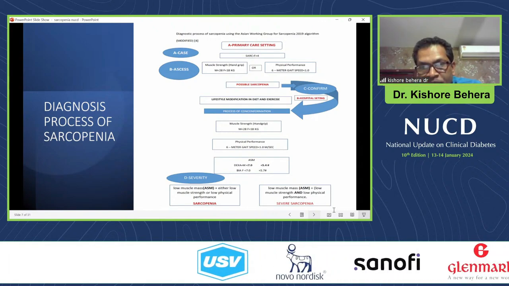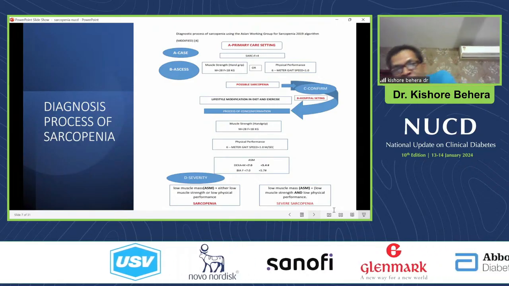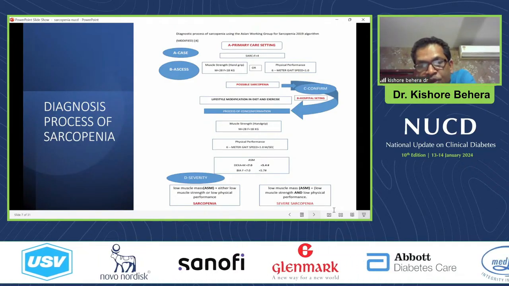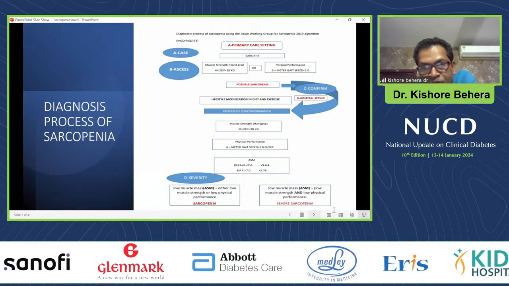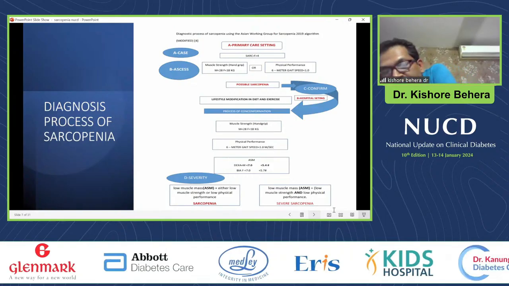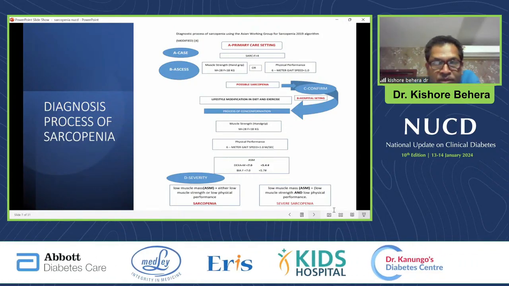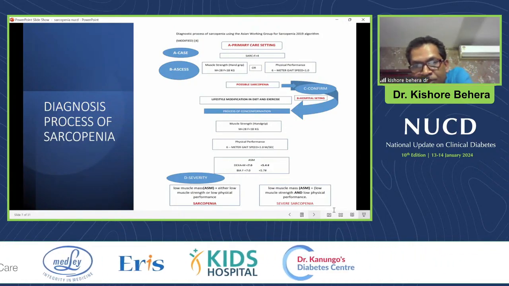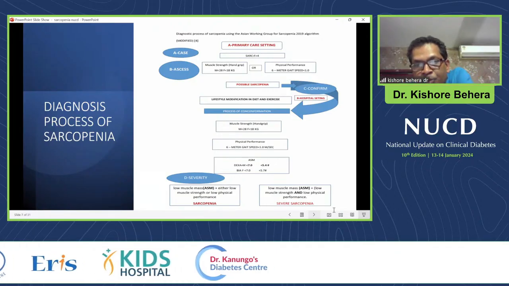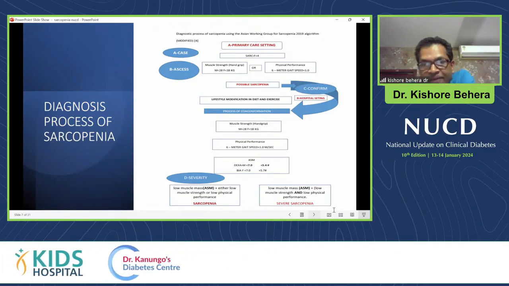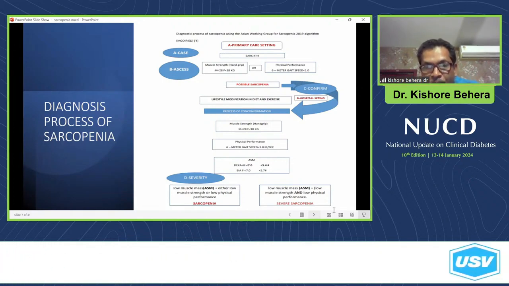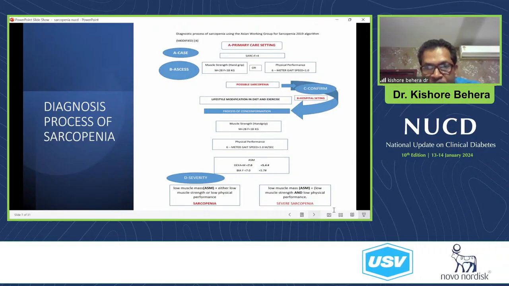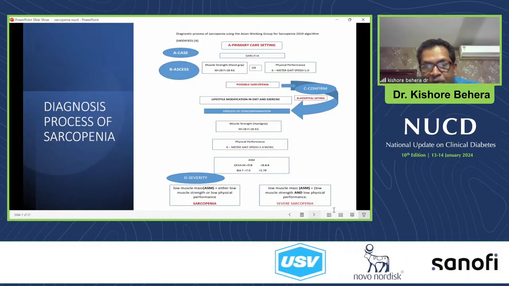Then at the hospital, for the process of confirmation, we have to assess muscle strength and physical performance. Then we do the muscle mass assessment by DEXA or by bioelectrical impedance. In males it is less than 7, and in females also less than 7 kg per meter square by bioelectrical impedance; in females it is 5.4 in DEXA and 5.7 in BIA. Then for severity, we say sarcopenia if they have low muscle mass plus either low muscle strength or low physical performance.